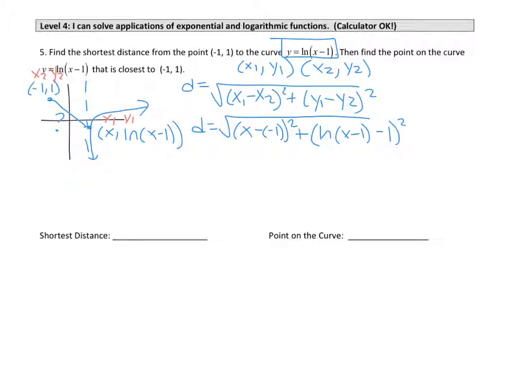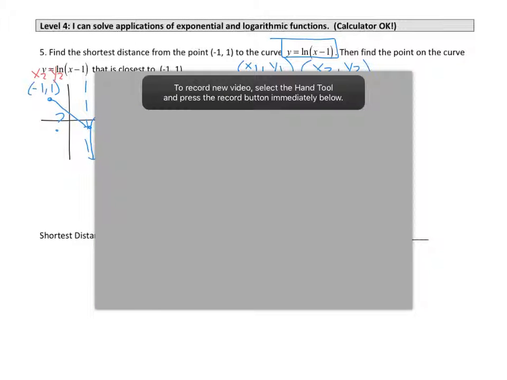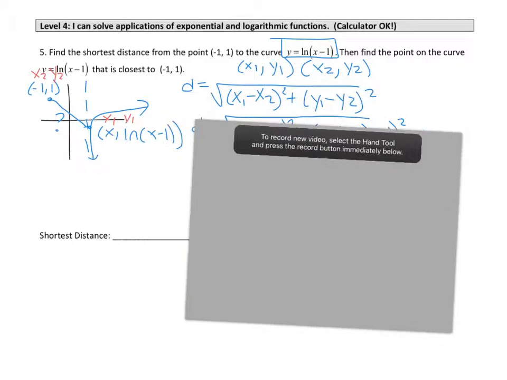Side note, you cannot combine this minus 1 with that minus 1 because the expression inside the log can't be combined with something outside of the log. So you just leave it like that, and you turn on your calculator.